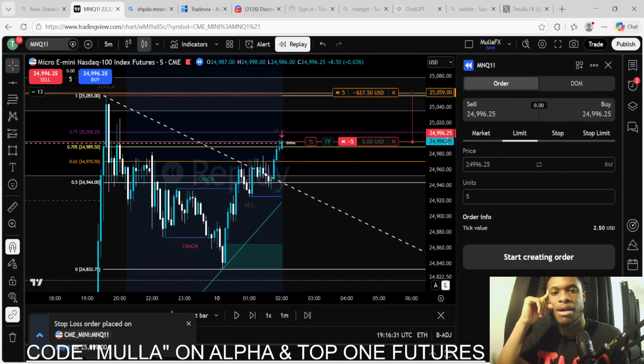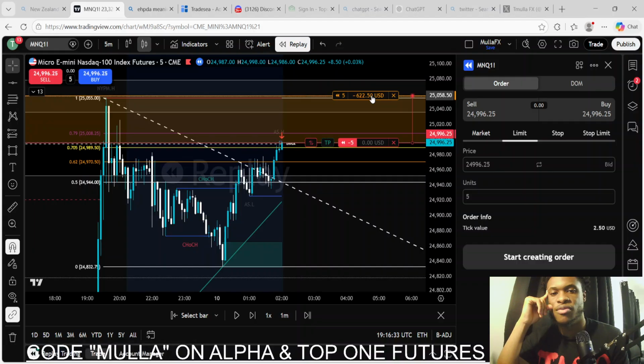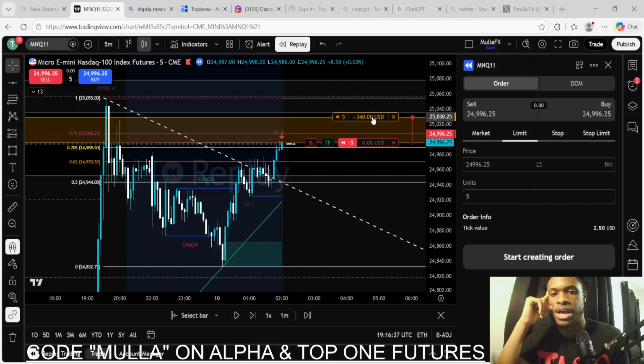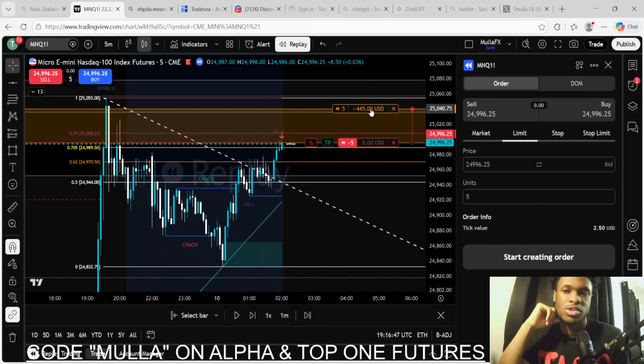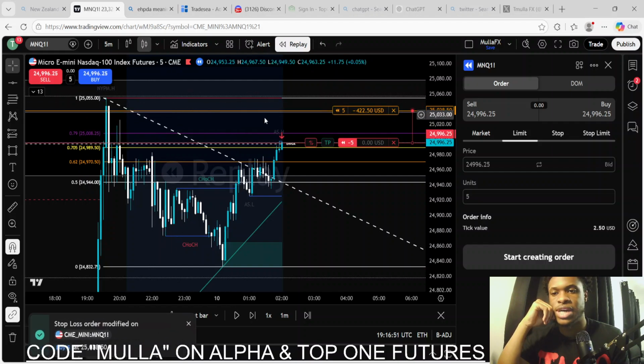Me personally, I would put above the highs and go for like a 1 to 2. But I know a lot of people that also put it like here to make the risk reward more as well. But then of course you run the risk of it basically wicking you out and then going down as well. So to find a good balance, I'll literally just put it here, because if it's targeting those highs, it's targeting those highs, and you don't really want to be part of the trade.